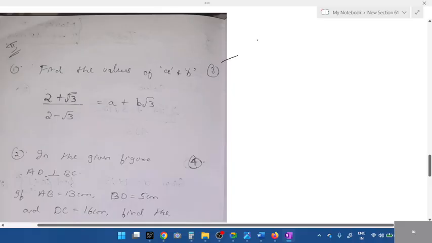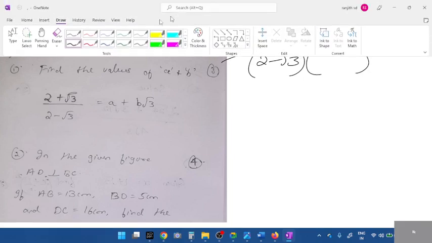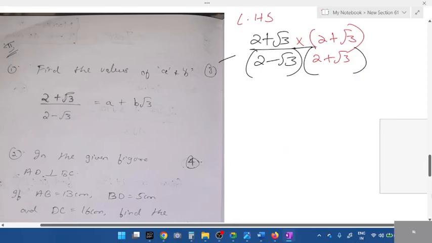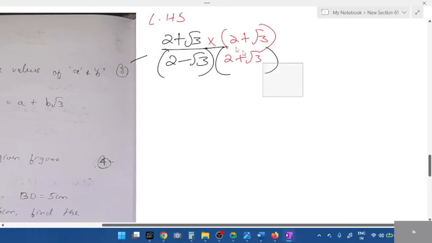Try this question. You'll remember this one? Rationalizing denominator. And we have to compare the right hand side, right? What do we multiply, students? What do you multiply this with? Take left hand side. We need to take left hand side part. What do we multiply? 2 plus root. Numerator, how does it look like? Two values.